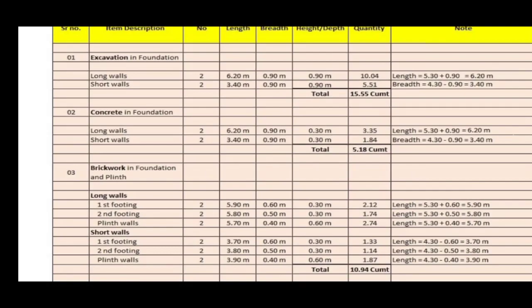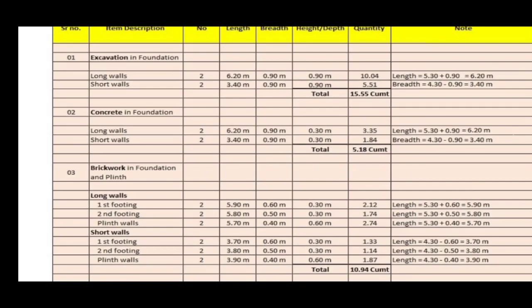Now multiplication of all these dimensions will give the total quantity of concrete, which is 3.35 meter cubes. And for short wall, the length is the deduction of item width from center to center length, that is 4.30 minus 0.9, it comes 3.40, and breadth is 0.9 meter, same as in excavation, and the height or depth of concrete is 0.3 meter only.